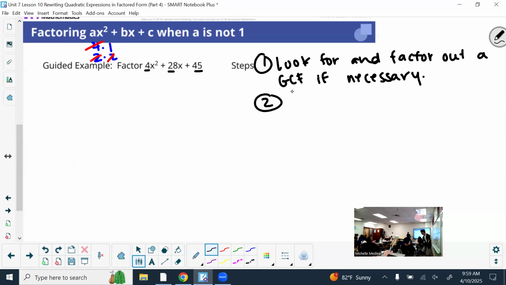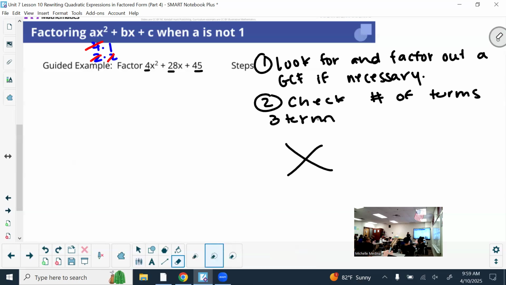We're going to move on to step 2, which is check the number of terms. So if I have a 3-term expression, even when A is not 1, we're still going to use the diamond method, and really the process will be the same.